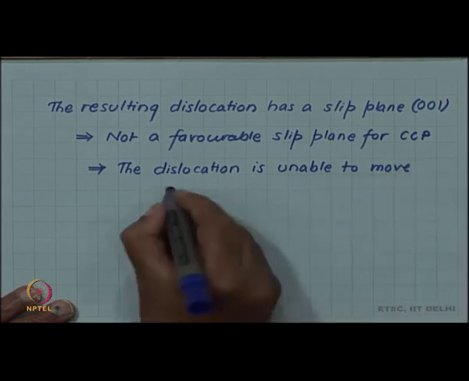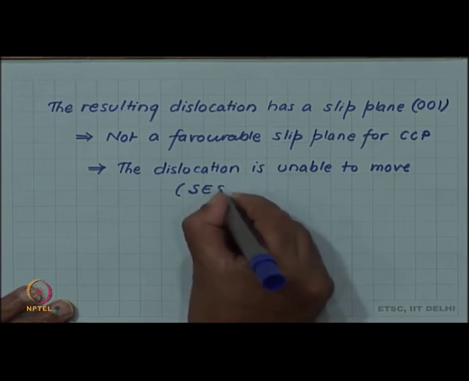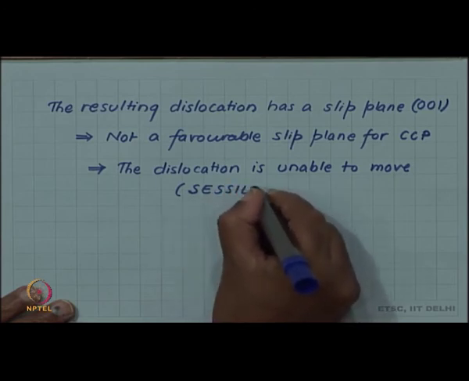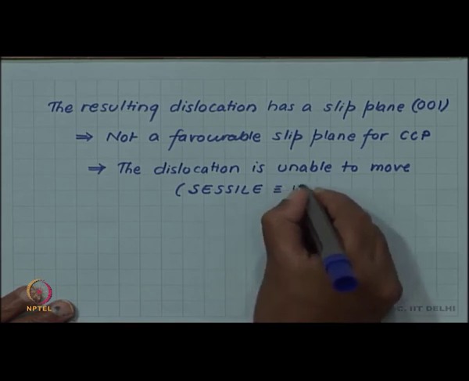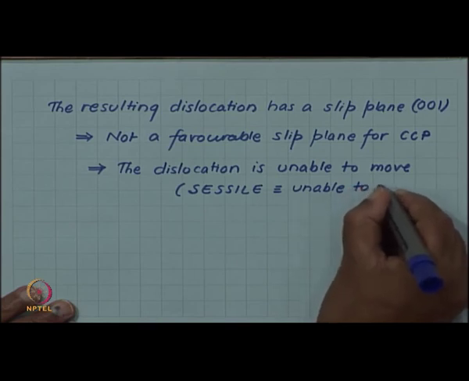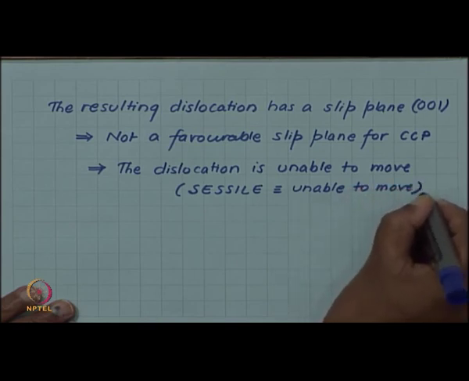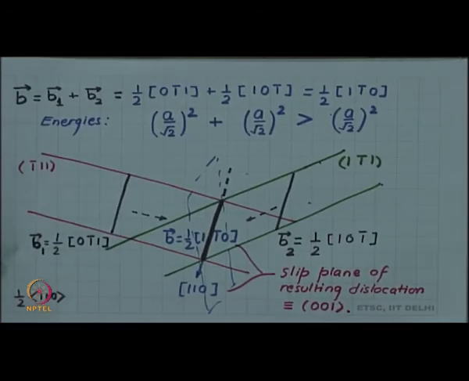In other words, dislocations which are unable to move, we sometimes call them sessile. Sessile, unable to move. So, the resulting dislocation is a sessile dislocation.